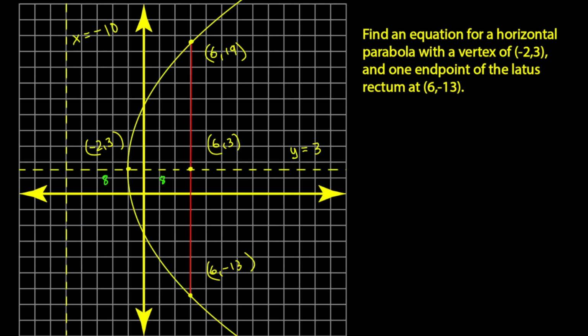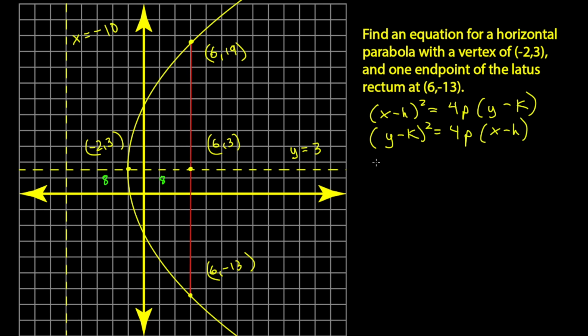Now the next thing to remember for our equation for the parabola, as a conic, it's either (x minus h) squared equals 4p times (y minus k), or for this parabola, since it's horizontal, (y minus k) squared equals 4p times (x minus h), where h and k are the coordinates of the vertex.